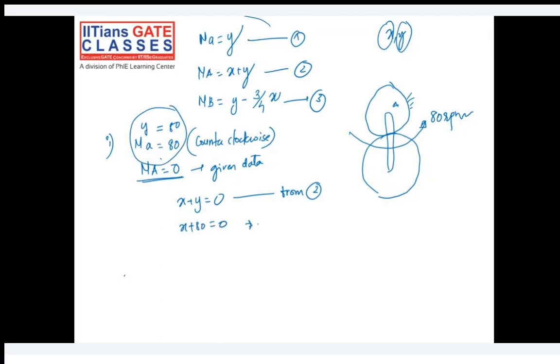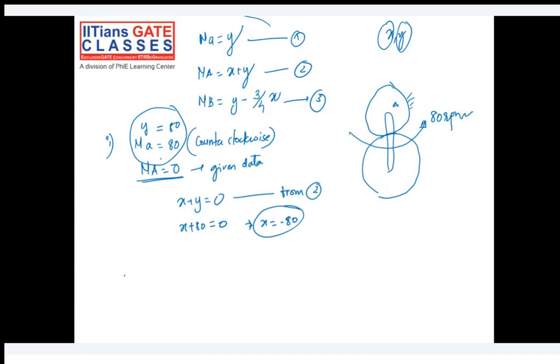So what we are assuming is that rotating the arm by 80 rpm is effectively the same as revolving the gear at 80 rpm in the opposite direction. No, sorry, gear A is fixed.